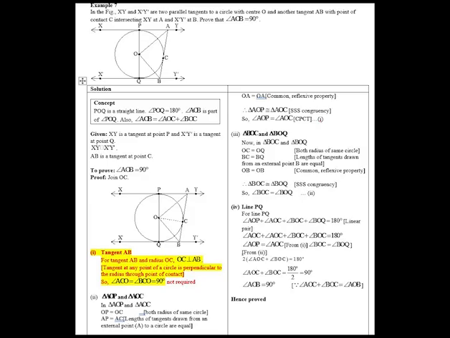We have already proved that angle AOP is equal to angle AOC and angle BOC is equal to angle BOQ, which implies 2 times (angle AOC plus angle BOC) is equal to 180 degrees. Hence, angle AOC plus angle BOC is equal to 180 degrees by 2, which is equal to 90 degrees. Therefore, angle AOB is equal to 90 degrees because angle AOC plus angle BOC is equal to angle AOB.